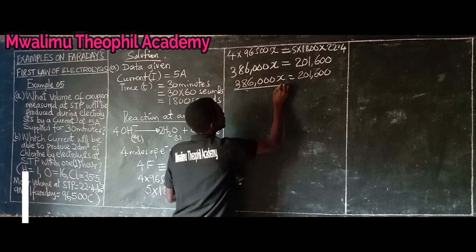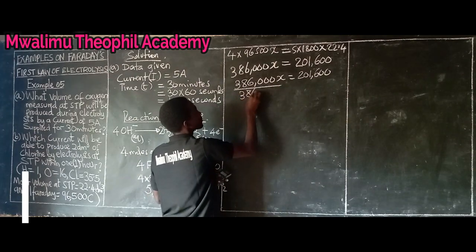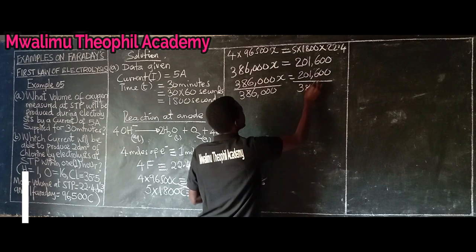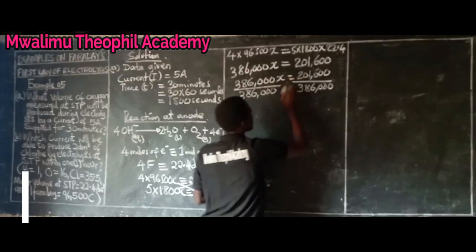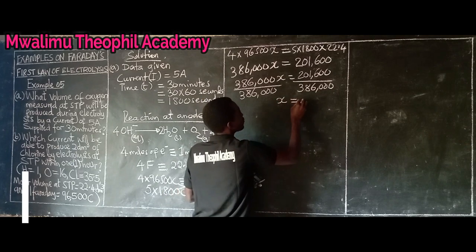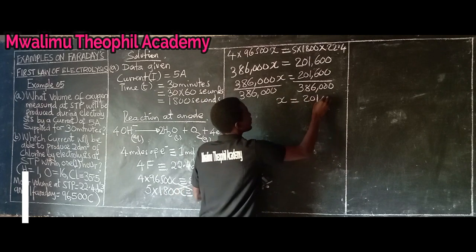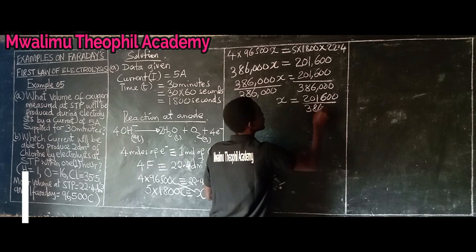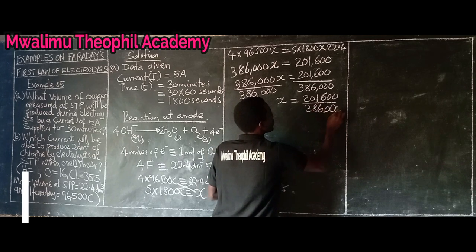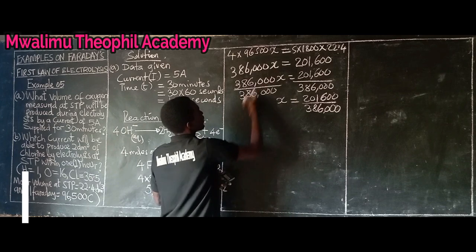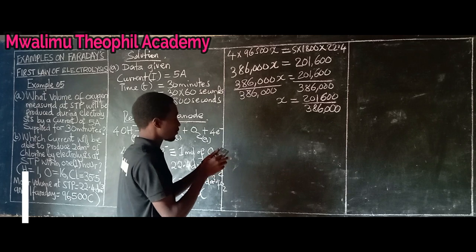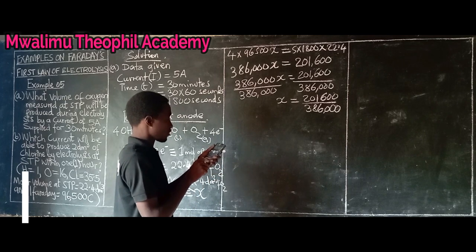Let us divide by 386,000 on both sides, so as to get X. Now X will be equal to 201,600 over 386,000. As these are equal, they cancel out, so on the left hand side we remain with X only.